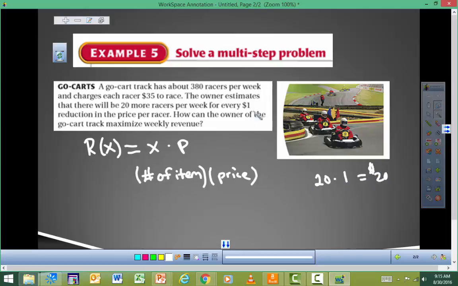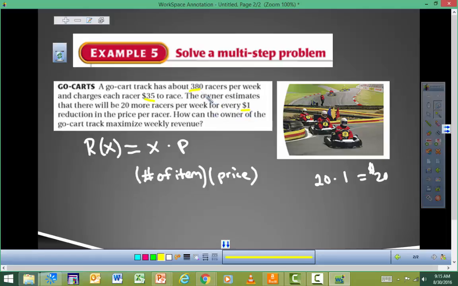Okay? Well, here we have a go-kart company, and the go-kart company realizes that they have about 380 racers per week, and they charge $35 to race. Okay, so those are some of the key facts. Now, naturally, if the owner increases the price, he'll probably lose some of his customers.